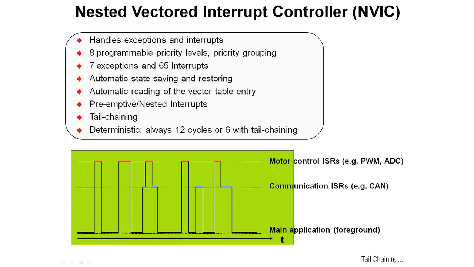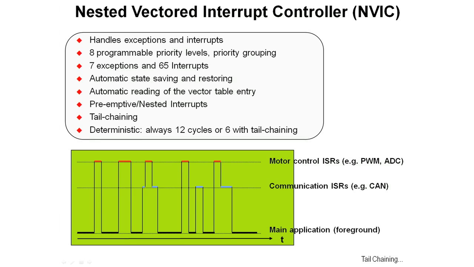On most microcontrollers you have to go back in and re-enable interrupts in software if you want to preempt some other interrupt. Here, you can do that in the NVIC. You can make interrupts preemptive and you can nest them. Interrupts can also be tail chained, which I'll explain in the next few slides.